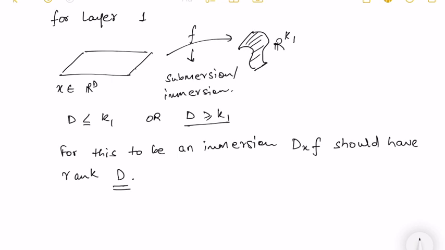For one layer, the function is just defined as an activation function. Let's say we represent the activation function like this, applied over the weight matrix, and the derivative of f with respect to x would just be the derivative of this composition of the activation function with the weight matrix, right?